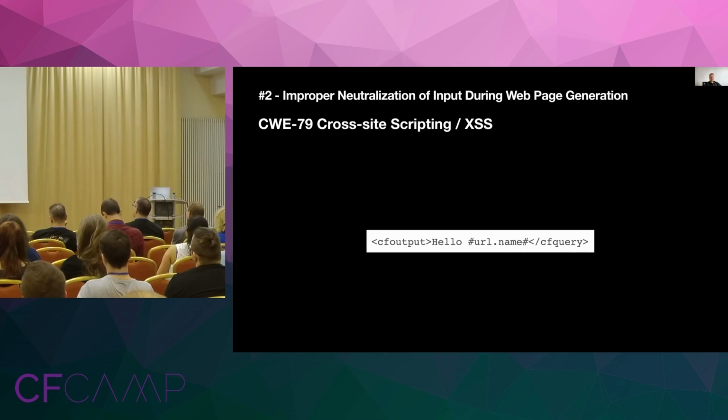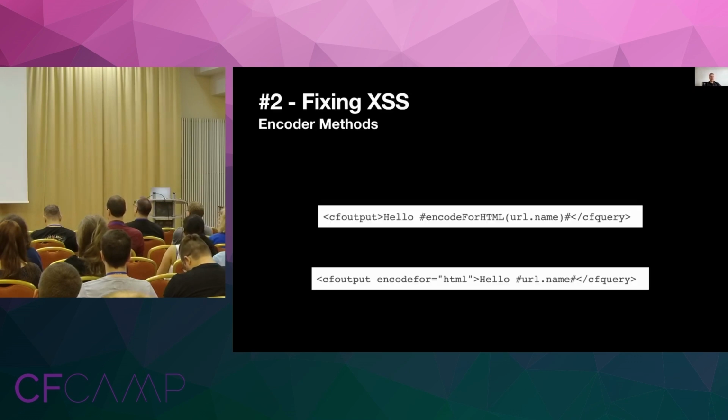Number 2, cross-site scripting. So again, I'm not going to get into too much detail here because I do want to leave time for questions at the end here. But essentially, this is whenever you're outputting a variable onto the page and it's not being encoded with HTML entities, for example.